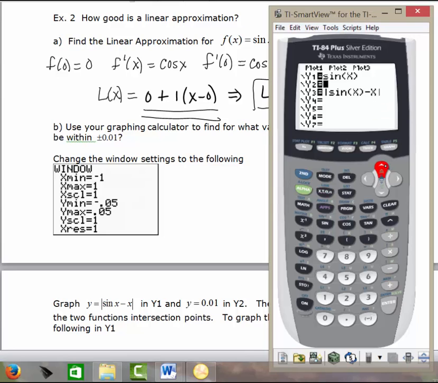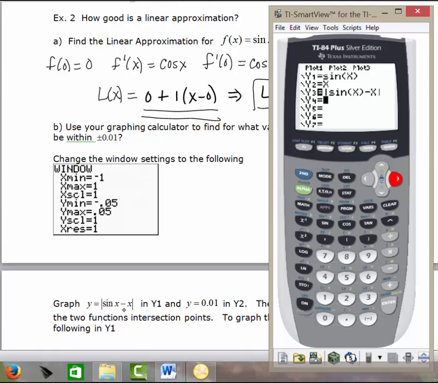I'm going to shut off the original equations here. Turn those off. You don't even have to type them in; you can literally just type in sine x minus x. And so this is going to be my error, the absolute value of sine x minus x. I want to find out for what values that is within plus or minus 0.01.